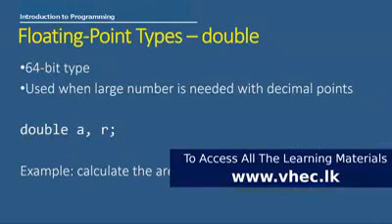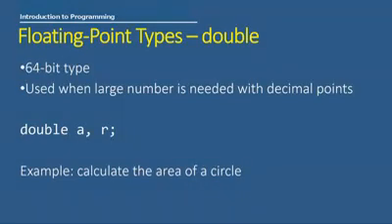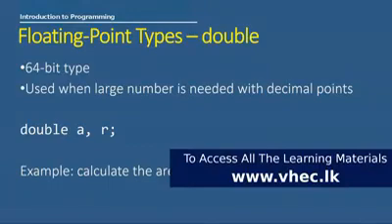The next floating point type we are going to discuss is double. Now the double is a little bit similar to the float, but it has a difference when it comes to the usage. One difference is it needs 64 bits of space to store a single double variable.